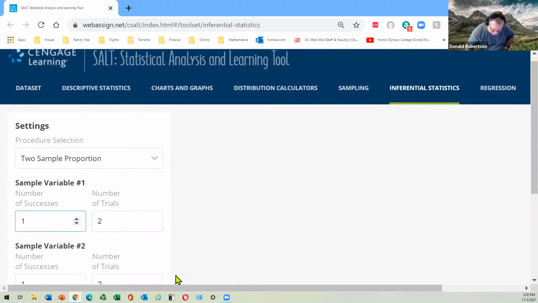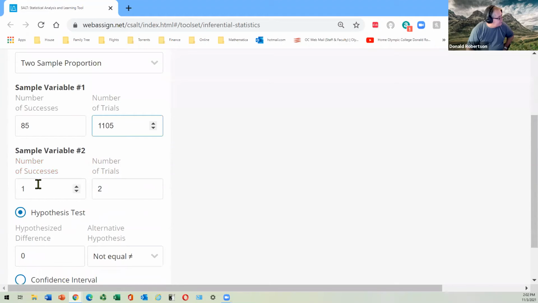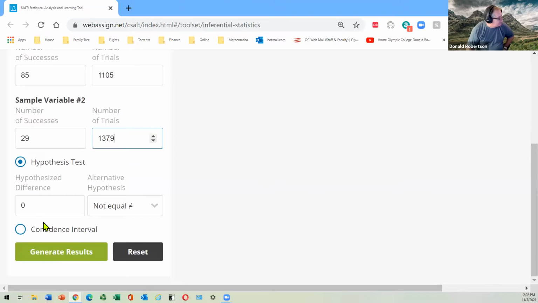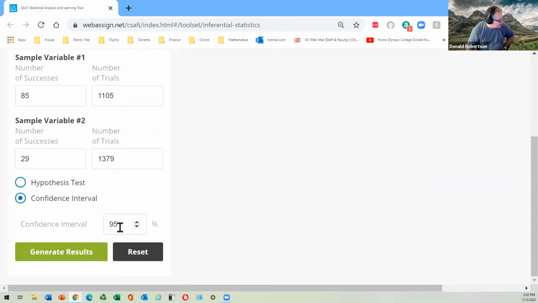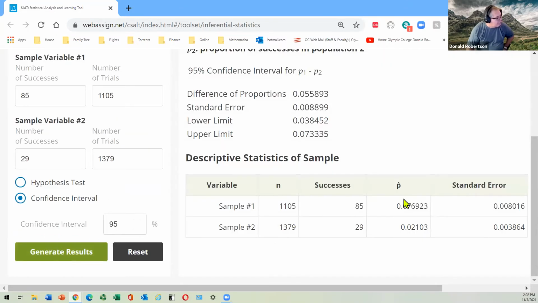The first group were the snorers, so 85 of them out of 1,105 had heart issues. The second one were the non-snorers, and 29 out of 1,379 had heart issues. Confidence interval 95, good. Boom.